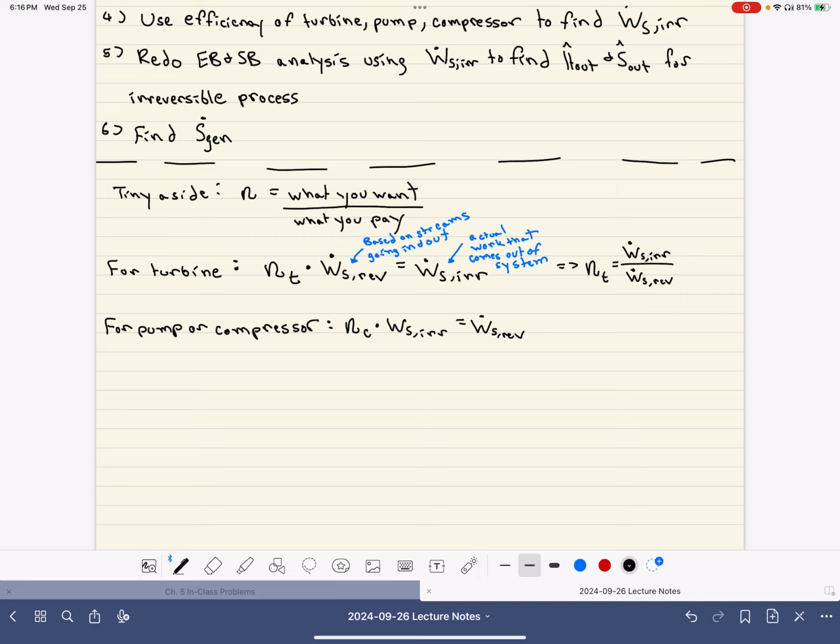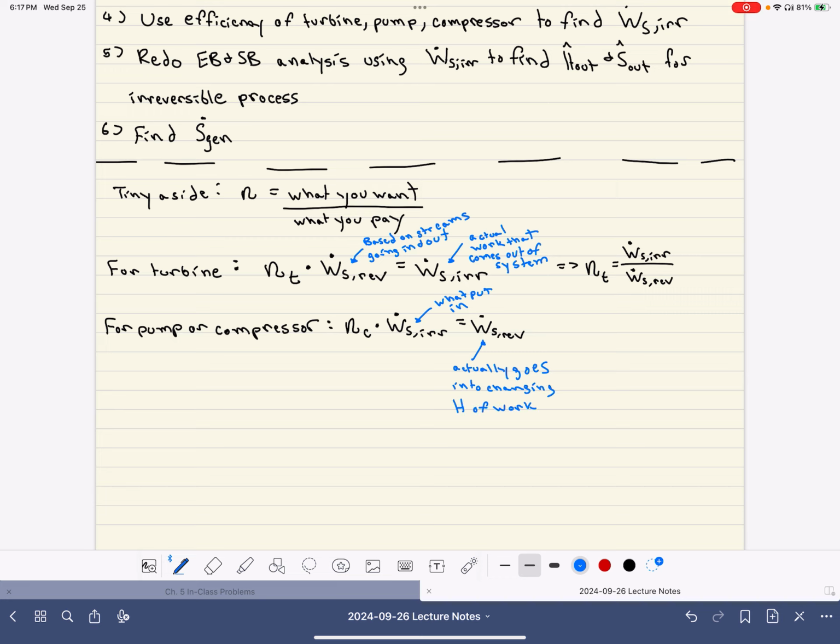Okay. And so the idea is that with a pump or compressor, you're actually putting in work, right? And so this is what you put in, or essentially what you pay. And then this is what actually goes into changing the enthalpy of the working fluid, H of working fluid.